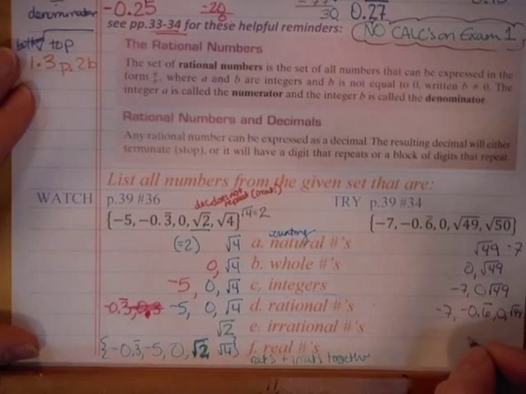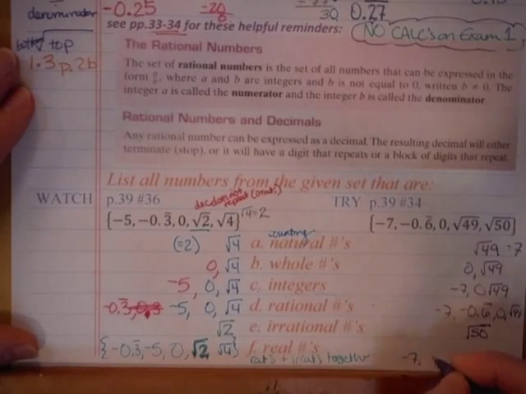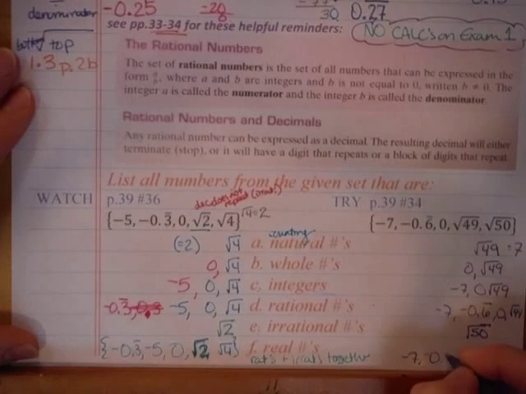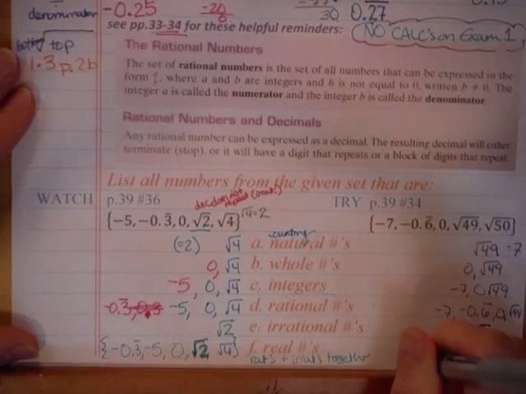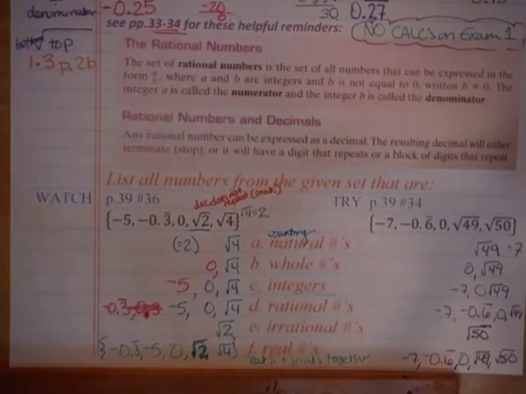And then finally the only irrational in the group is radical 50. And the real numbers would be the entire set: negative 7, negative 0.6 with a bar, 0, radical 49, and radical 50. Okay. We will see you at page 4.